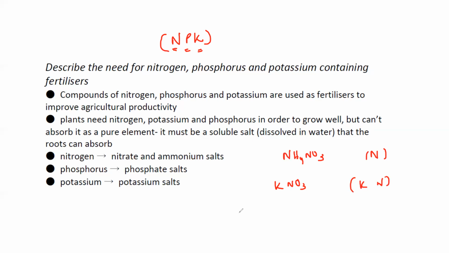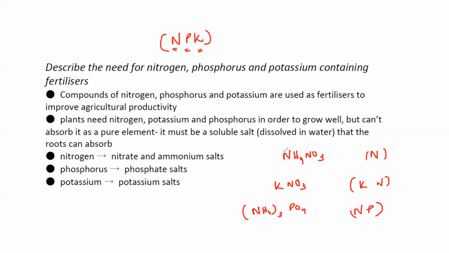And if I say I have ammonium phosphate, it can provide nitrogen and phosphorus. So there are different types of compounds or fertilizers depending on the use.